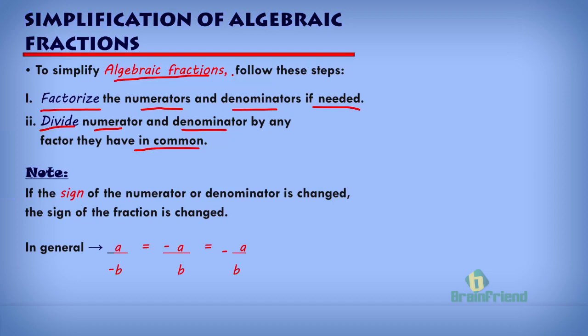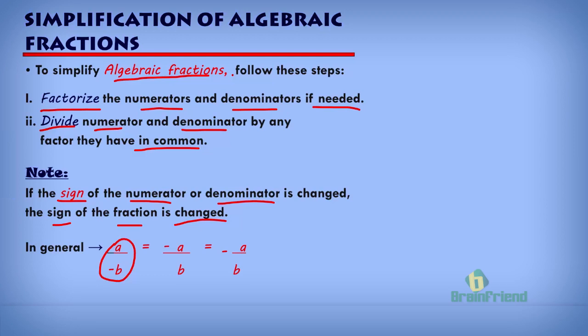Now take note, in the course of our lesson today, we'll find that sometimes the signs of our numerator or denominator may change. When they do so, take note that the sign of the fraction itself is changed. Let's take some examples. Now, if you have a all over minus b, the negative sign is attached to our denominator there.